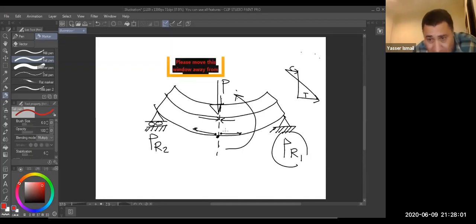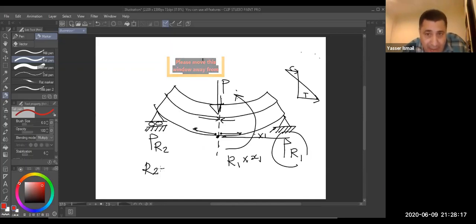Where is the moment coming from? Coming from the right hand side, from R1. You take R1 multiplied by distance, we call it X1. You take R1 X1. In the left hand side, you take R2 multiplied by X2.